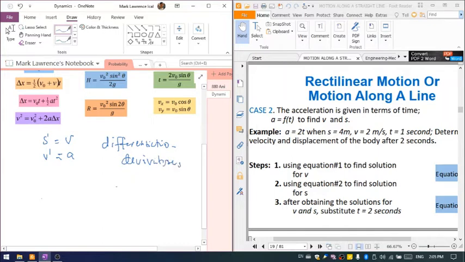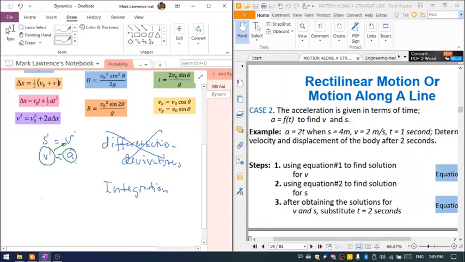Now, anti-derivatives is integration. So in order for us to get velocity, we will simply integrate v prime and turn it into v.